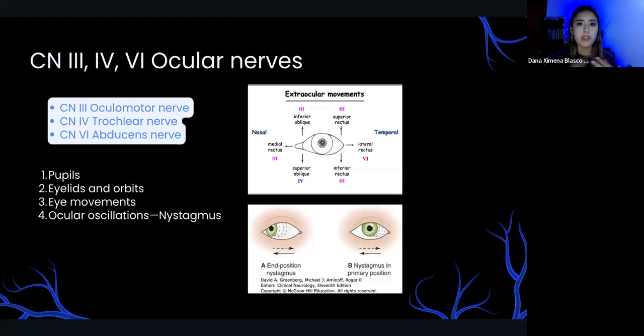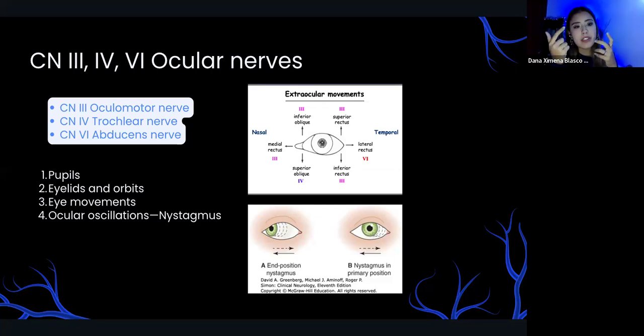That's also called the extraocular nerves, for extraocular movements. So in ocular nerves, we're going to examine pupils, as we already saw. We already saw how to examine pupils, but also we're going to examine eyelids and orbits.